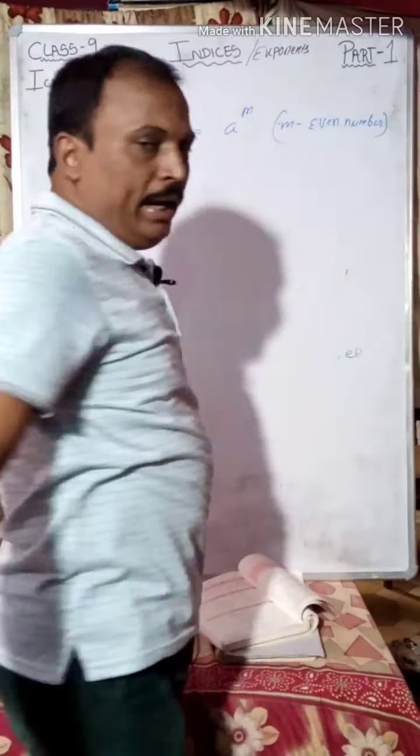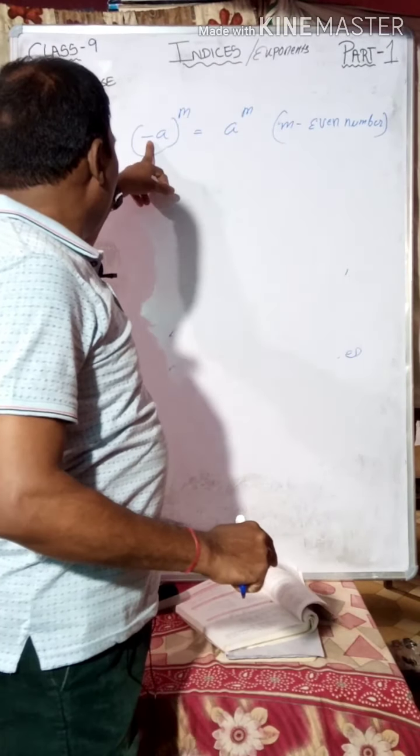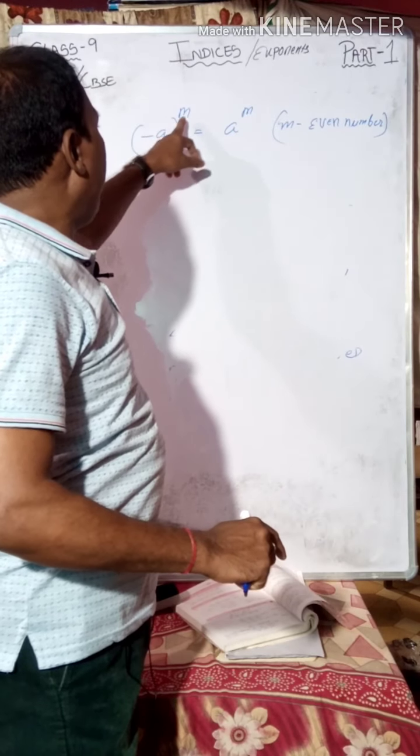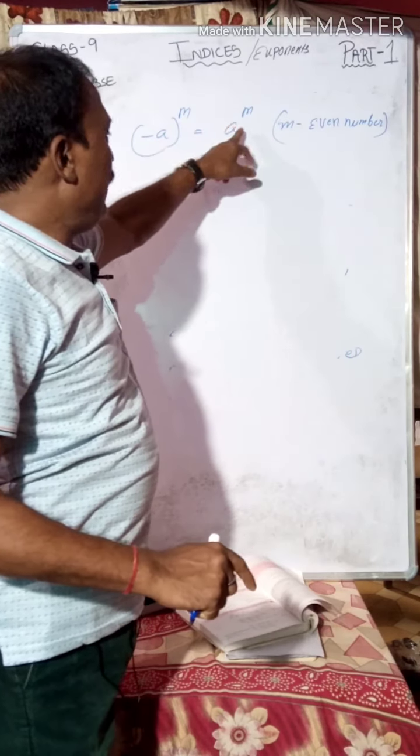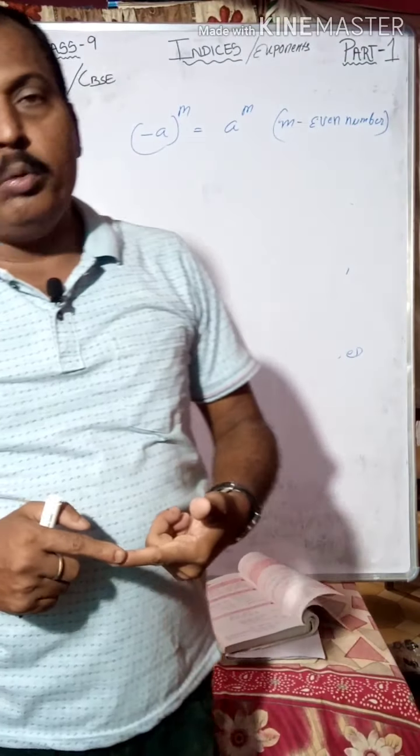When m is an even number, the minus sign is automatically omitted.